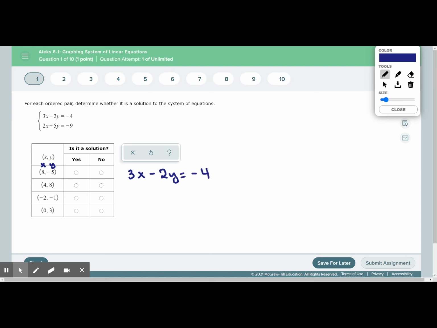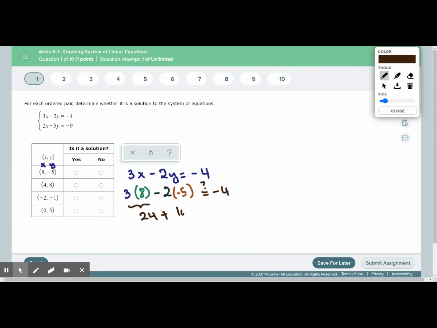We know x is 8, so that means 3 times 8 minus 2, and the y is -5, so we plug in -5, equal to -4. Is it true? 3 times 8 is 24, minus -2 times -5, which is positive 10.